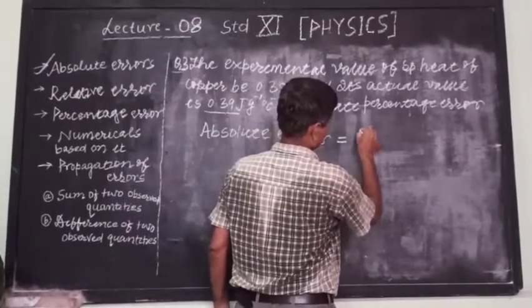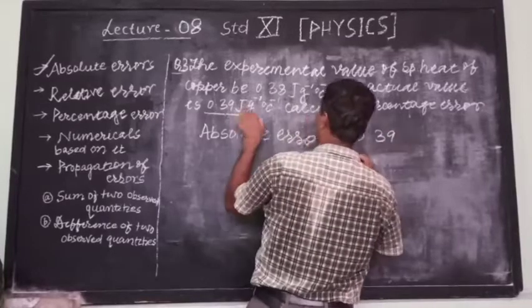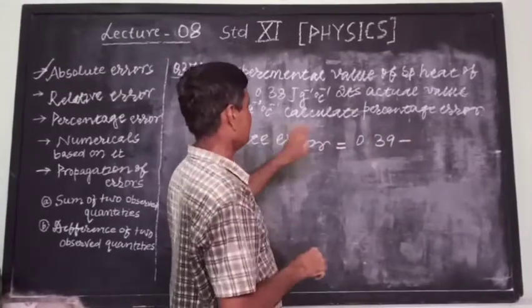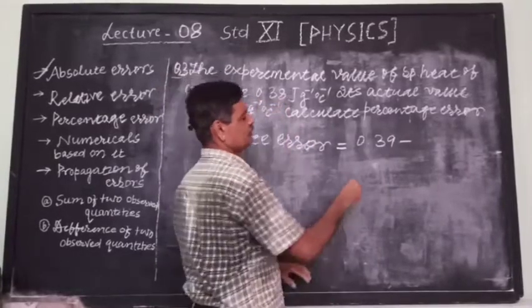0.39 joule per gram per degree C minus experimental value 0.38.